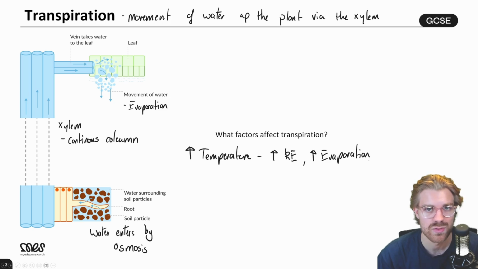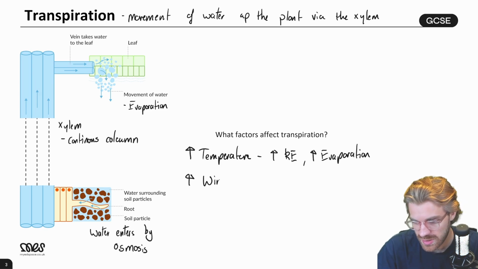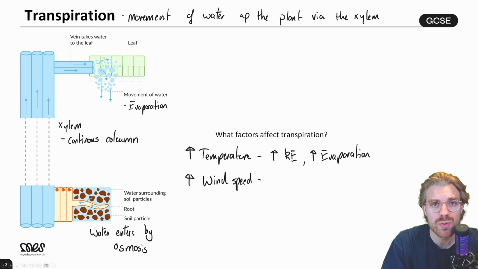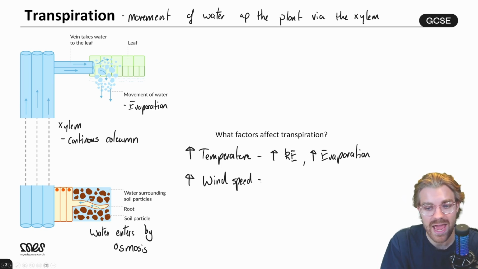Another factor that's going to affect the rate of transpiration is going to be the wind speed. On a particularly windy day, we would see more transpiration. So an increase in wind speed is going to remove the water vapor from the area surrounding the leaf. And if we remove the water vapor from the area surrounding the leaf, it's going to reduce the water concentration in the air around the leaf, basically the humidity.